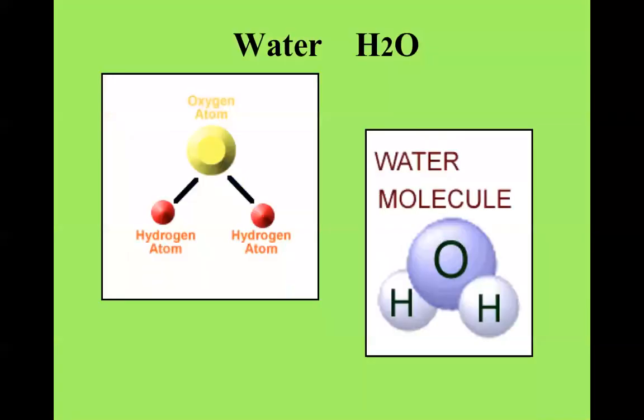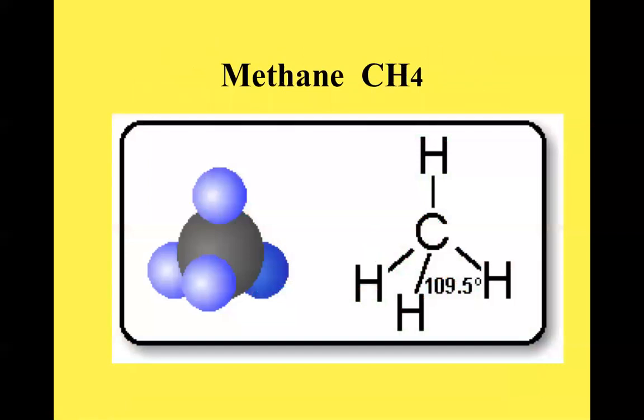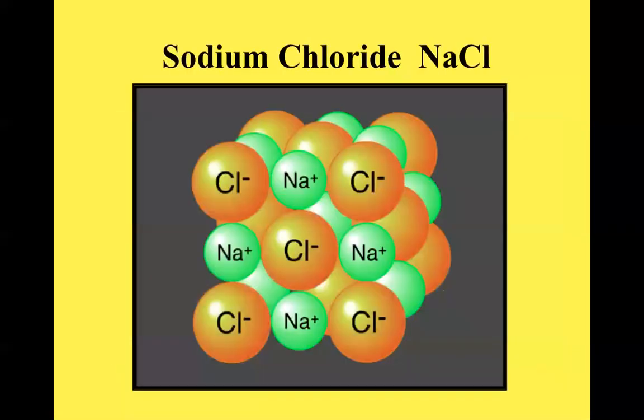The bonds that we've looked at with the water and the methane are covalent bonds because the electrons are shared. But over here, you have a transfer of electrons from one atom to the other. Therefore, one's positive, one's negative, and that electrostatic force holds all of these ions together to form our sodium chloride, which is none other than table salt. So this is an ionic compound.